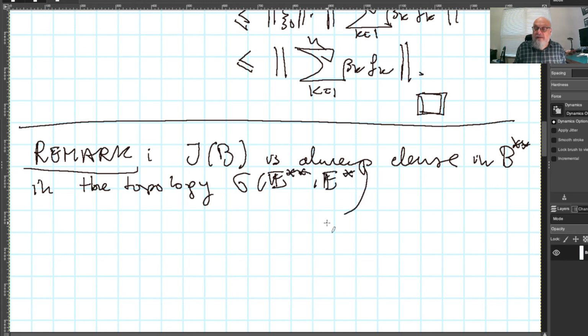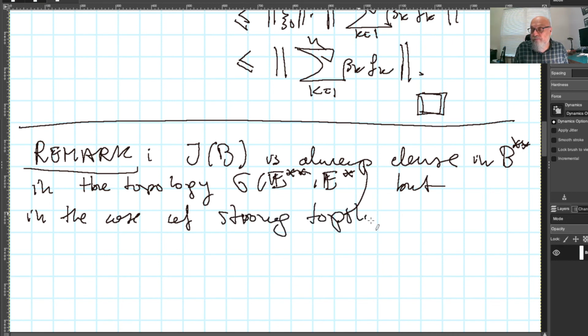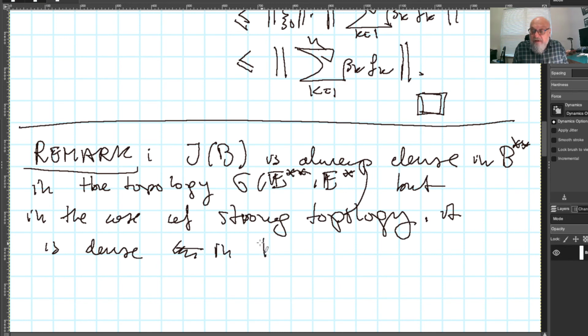But in the case of strong topology, it will be dense if and only if the space is reflexive.